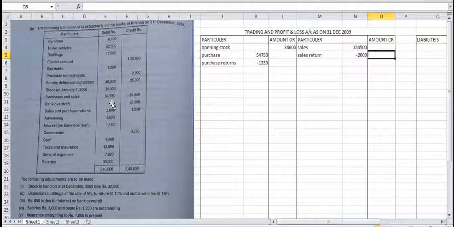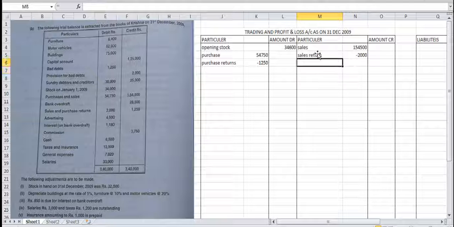Okay, means next, do we have any other thing after purchase, sales, salaries, advertisement, indirect expenses? Bank overdraft is a liability, commission no, cash is an asset, tax is indirect. Now come to here: stock in hand on 31st December 2009 was 32,500.